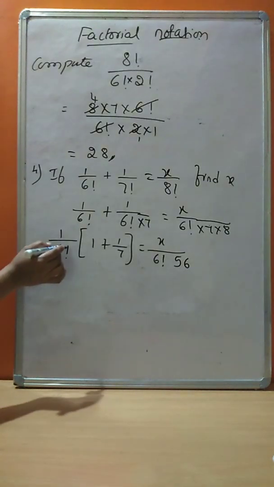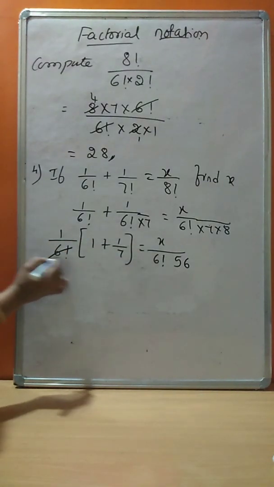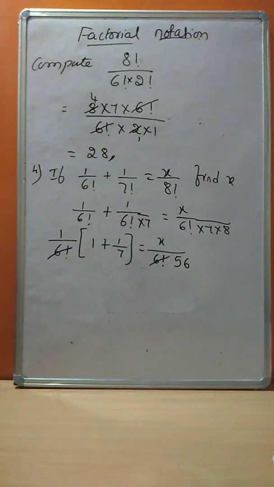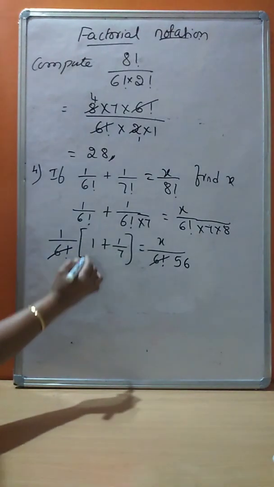Here there is 6 factorial on both sides, so 6 factorial gets cancelled. Now take the LCM.